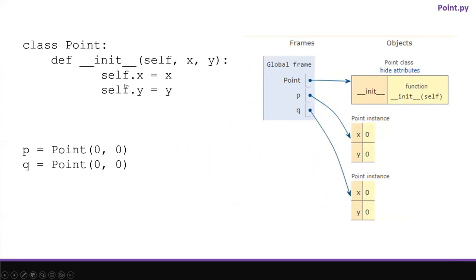So here, there's a class Point. And when you use self, these two variables X and Y are instance variables. So they belong to the object. They don't belong to the class.